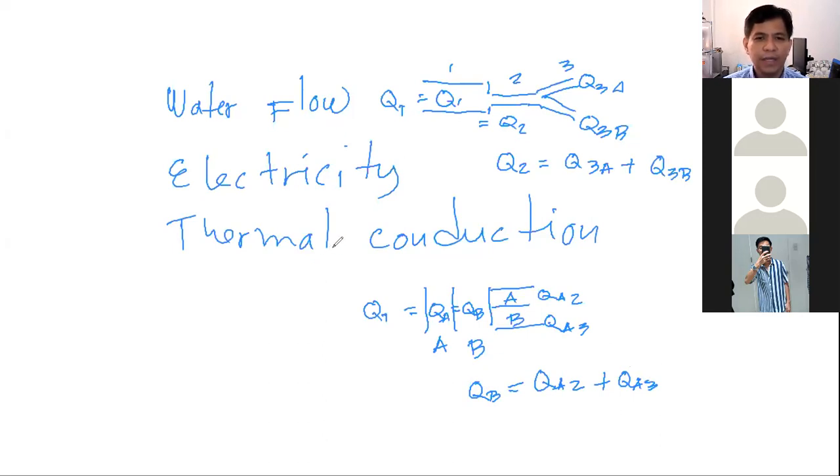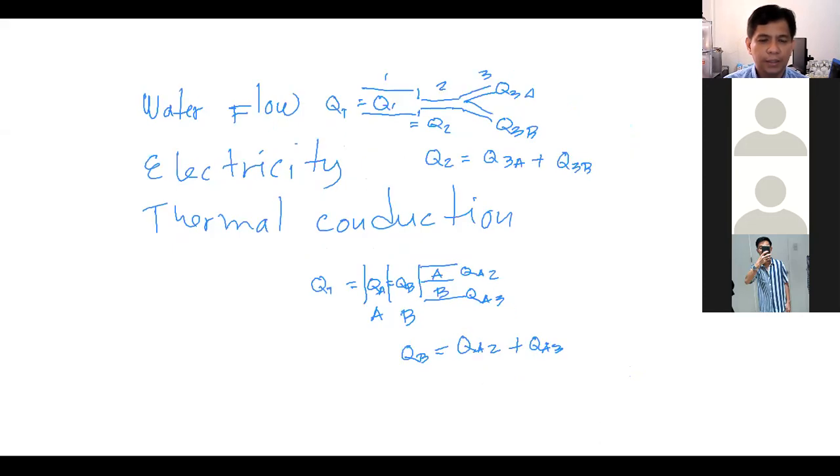Kaya kung natatandaan niyo yung exercise nyo sa thermal conduction, yung first exercise, you have a series of resistance. Parang tatlo ata, hindi ko na matandaan, basta may corkboard doon, may concrete ata.